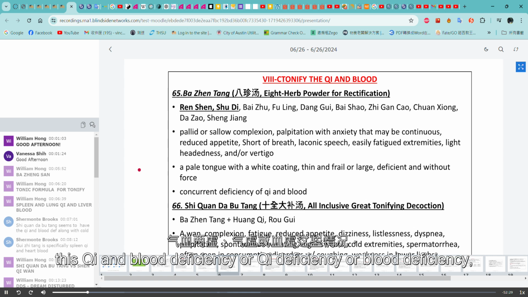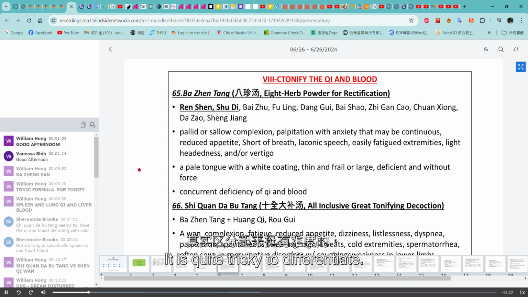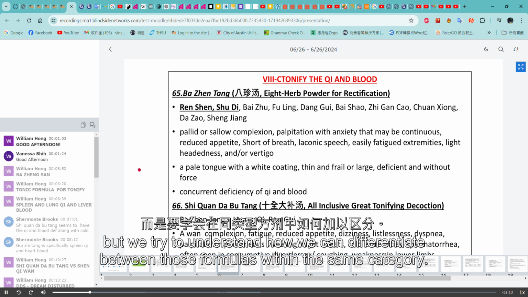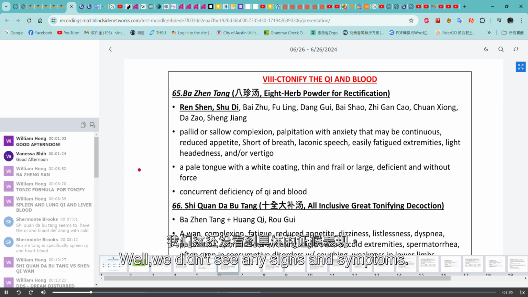So yeah, this qi and blood deficiency, or qi deficiency or blood deficiency, is quite tricky to differentiate. Again, we are not really studying the whole formula, but we try to understand how we can differentiate between those formulas within the same category or with the same signs and symptoms.